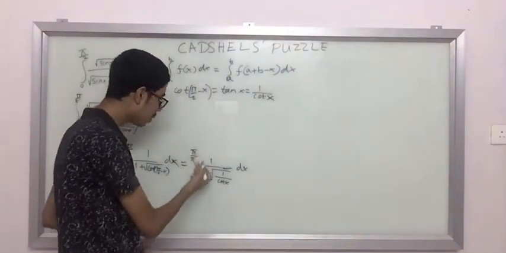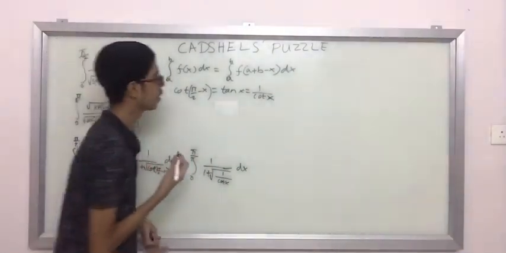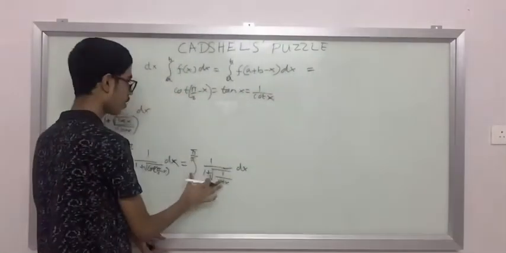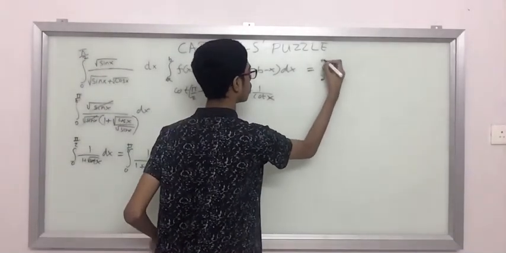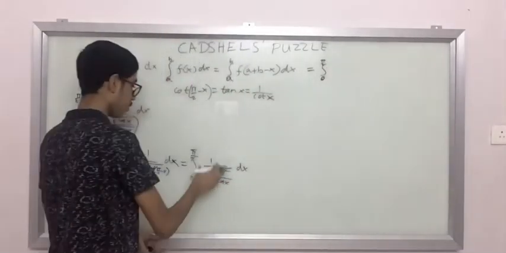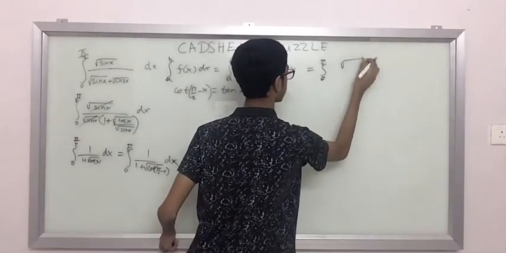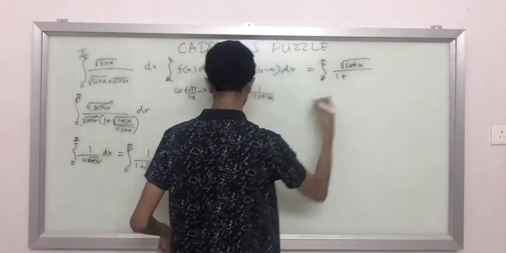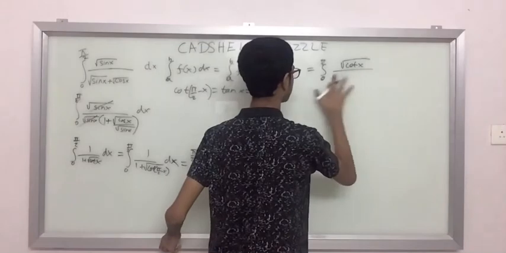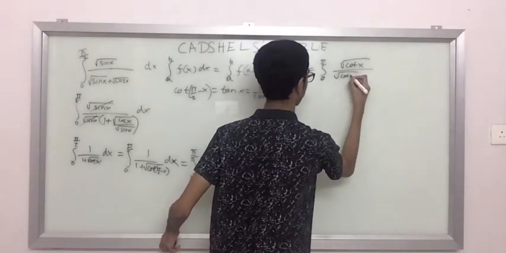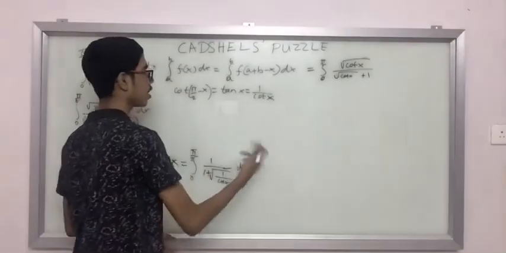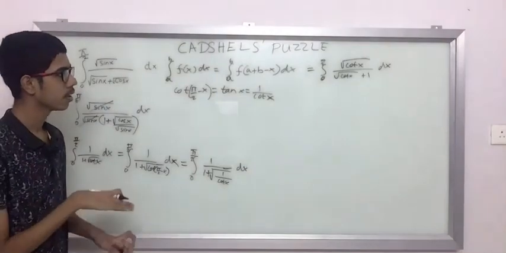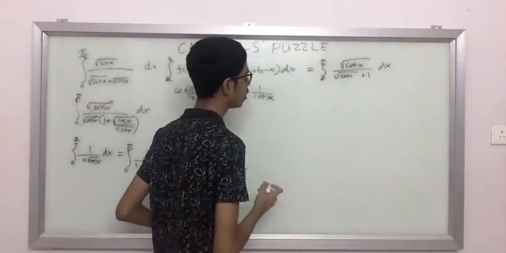Then I will get square root of cot x by square root of cot x plus 1 dx. Okay, this is what I got now.